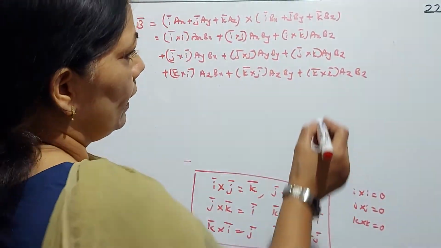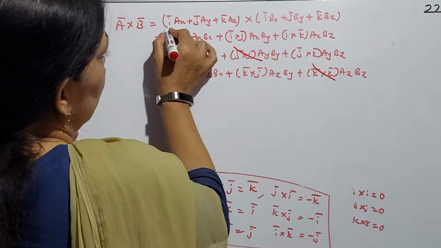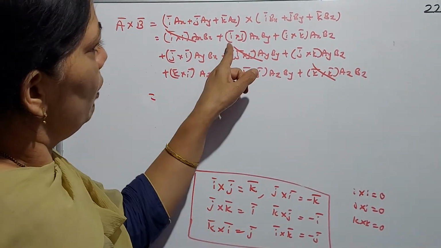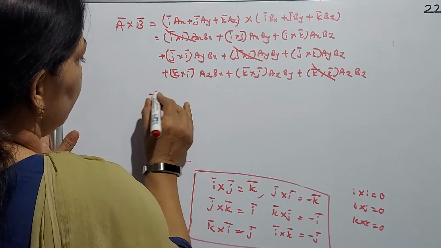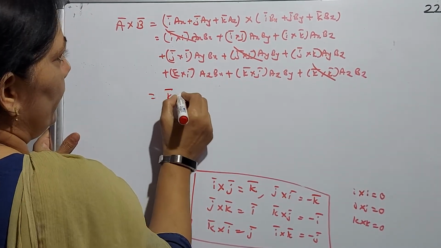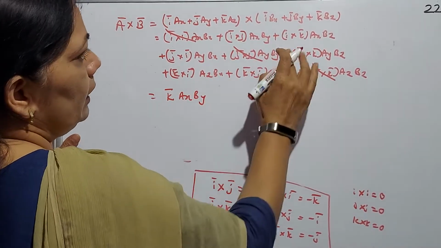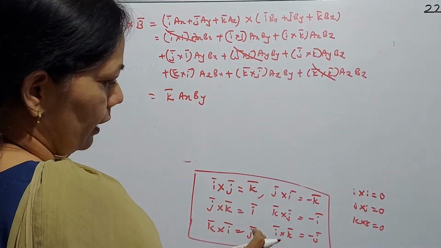So I'll cancel these terms. Now for the remaining terms, what is I cross J? It's K, so I write K AXBY. What is I cross K?